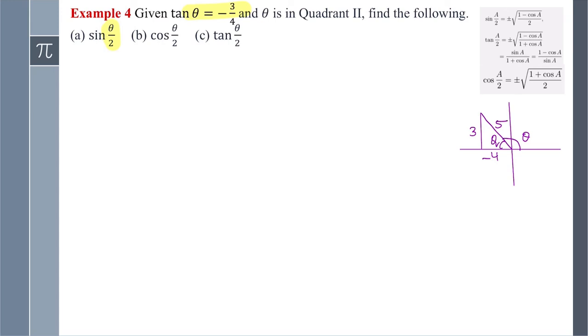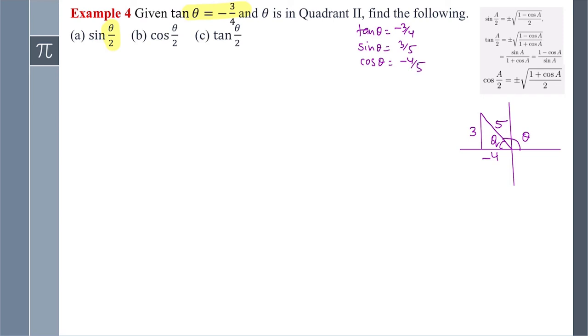You can find r. We are already given that tangent theta equals negative 3/4. Now from the reference triangle, we can find sine theta equals y over r, which is 3/5, and cosine theta equals x over r, which is negative 4/5.